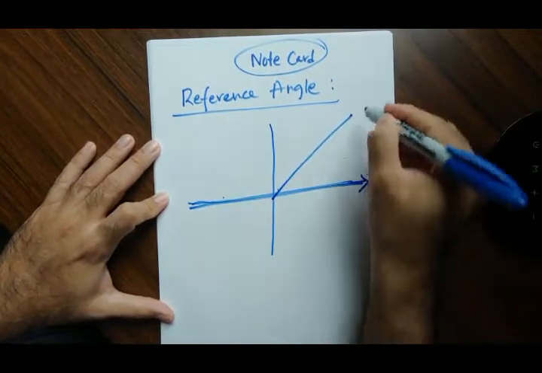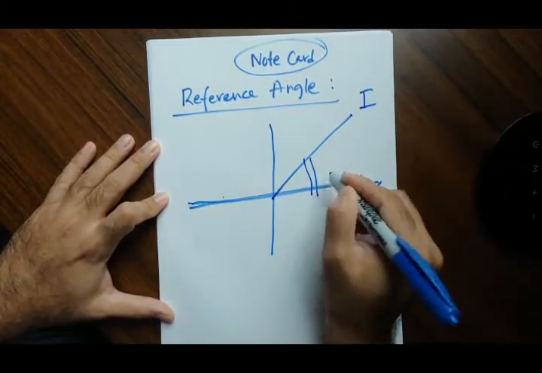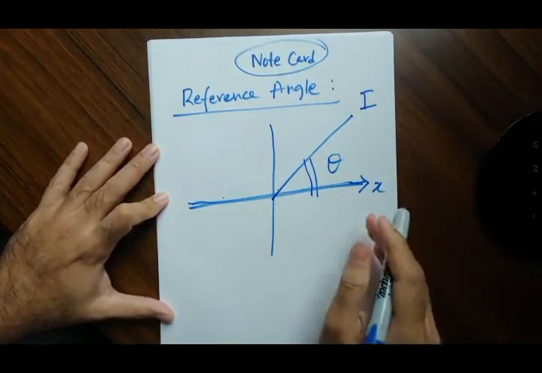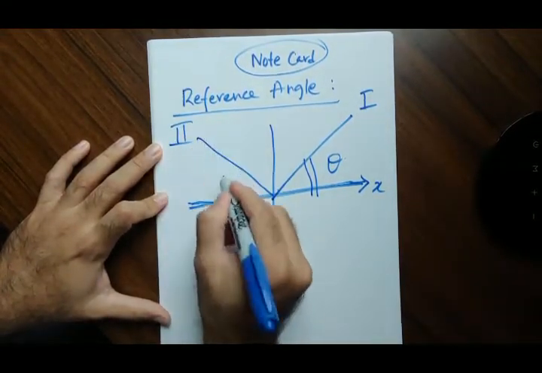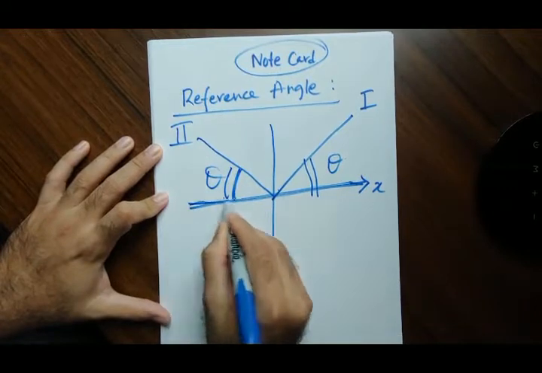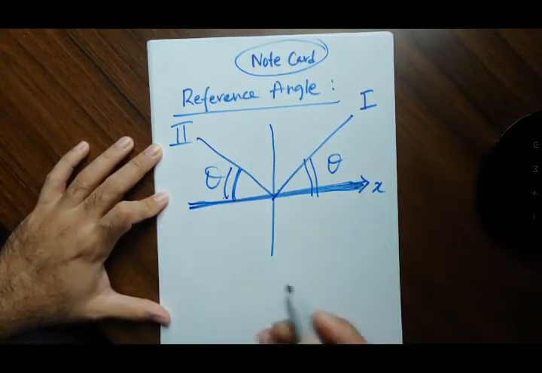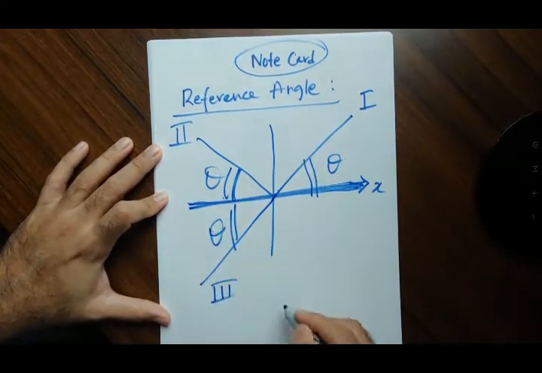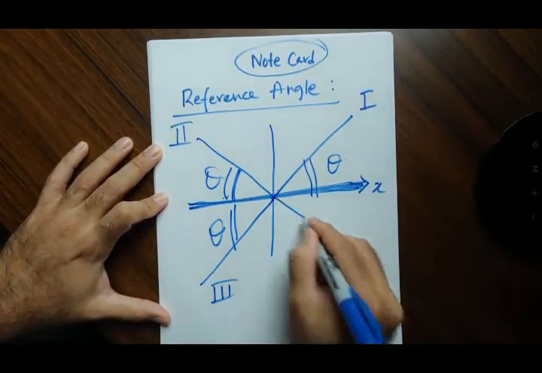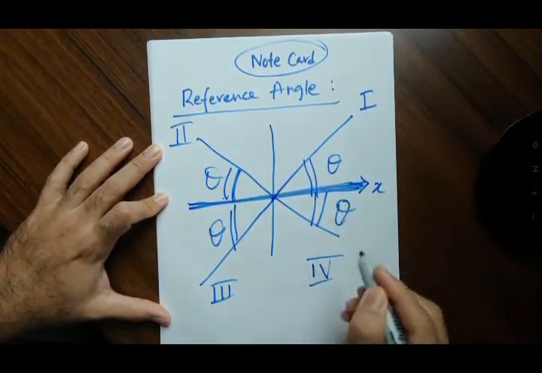So in the first quadrant, this is the reference angle. For the second quadrant, this is the reference angle, the angle which it makes with the x-axis. For the third quadrant, this is the reference angle. And for the fourth quadrant, this is the reference angle, theta.